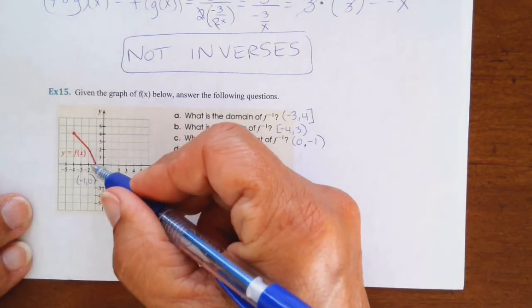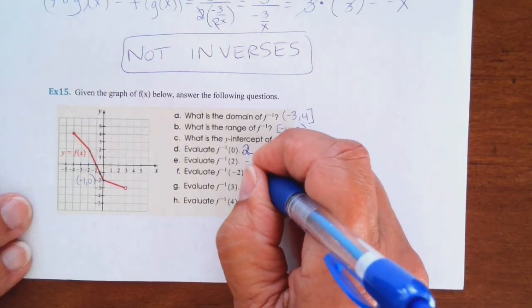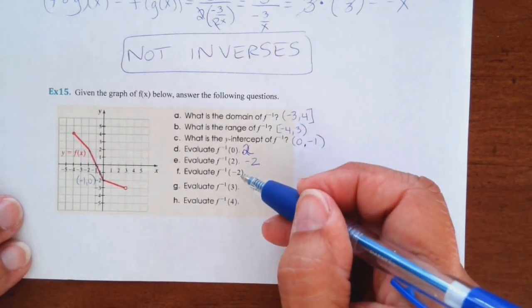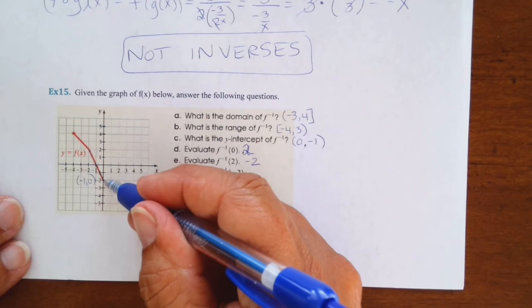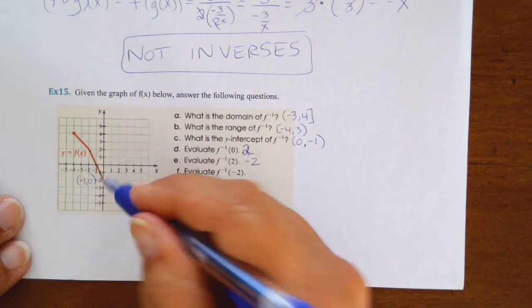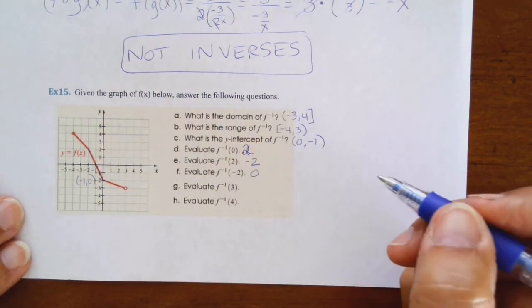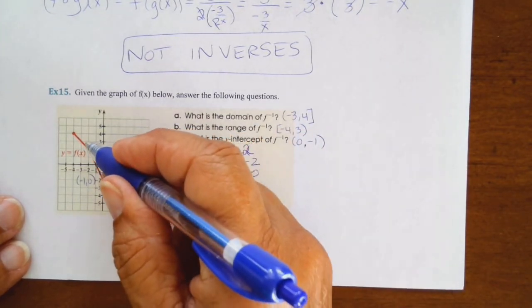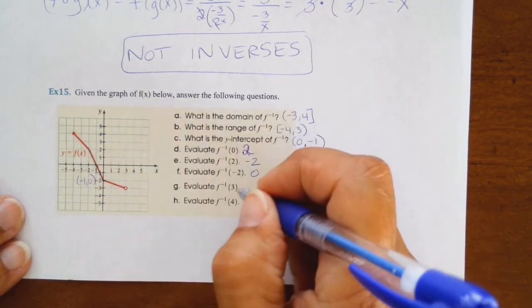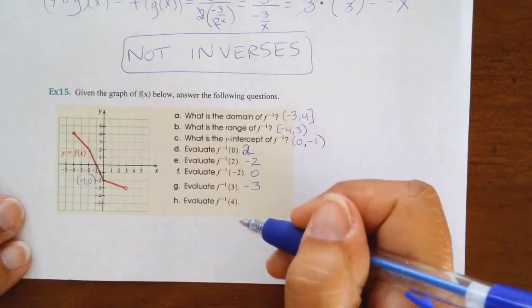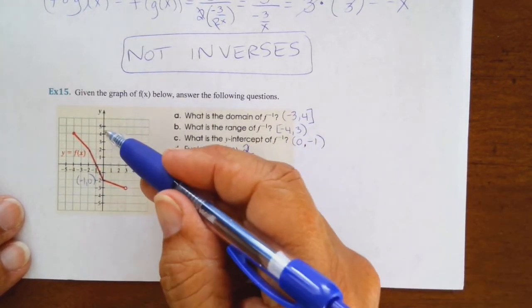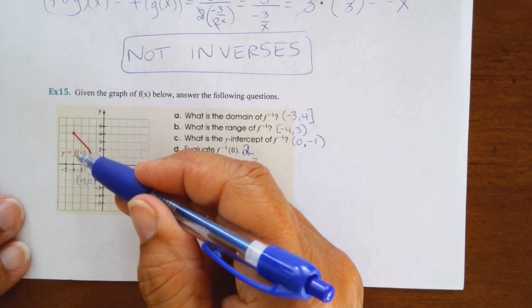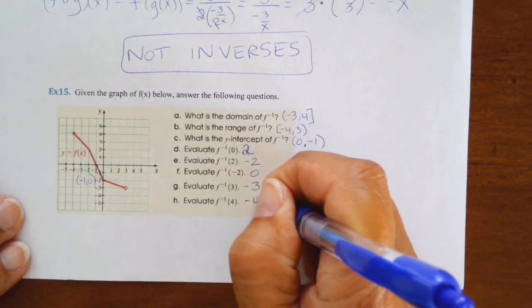That's your value, so negative 2. Okay, same thing, go to y is negative 2. So that's 0, negative 2, so that would be 0. Go to where y is 3. Find that x value, which is negative 3. And go to where y is 4, way up here, so that x value is negative 4.